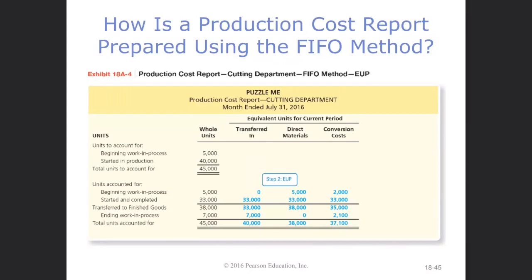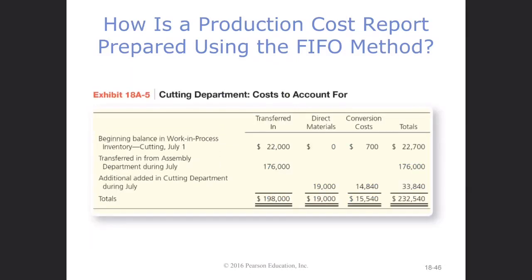Then you're going to add in your ending work in process, which gives you your total units accounted for. This is the same, so we're just showing here cost to account for. We've got our transferred in, our direct materials, our conversion cost, and then we add all of those together to get the total.